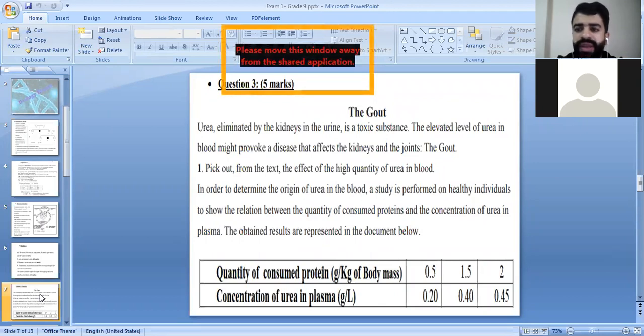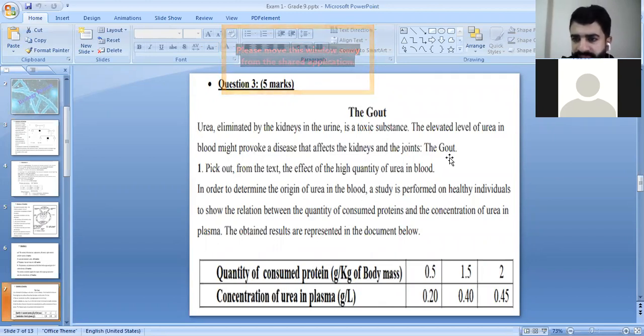Pick out from the text the effect of a high quantity of urea in blood. This is the elevated level of urea in blood may provoke a disease that affects the kidneys and the joints, which is called the gout. So the high quantity of urea in the blood causes a disease that affects the kidneys and the joints, which is called the gout.